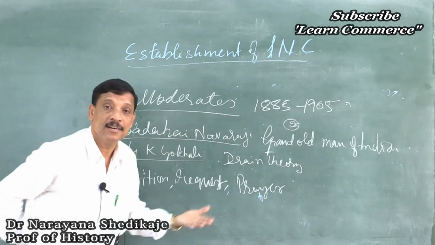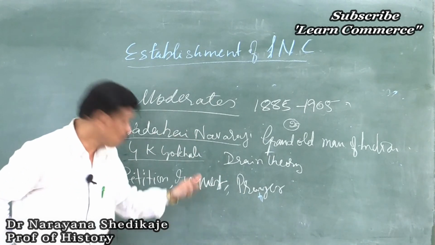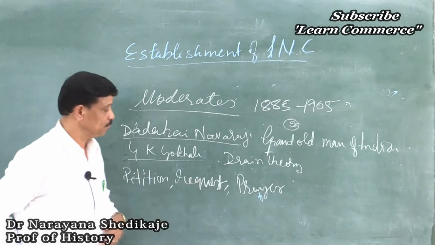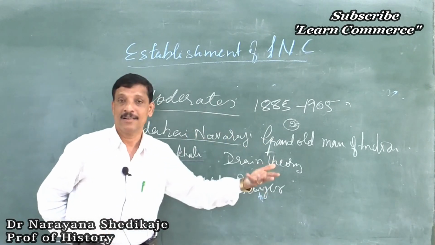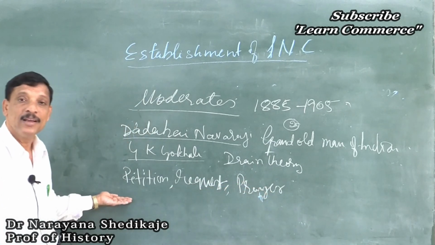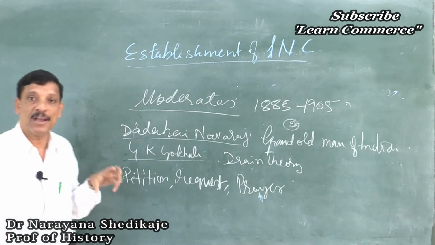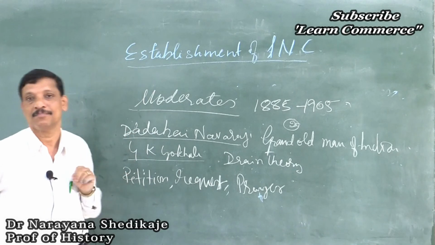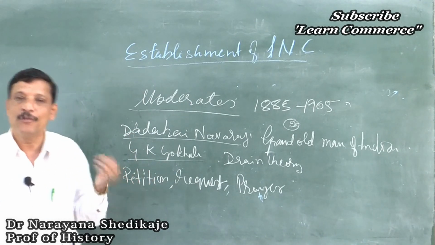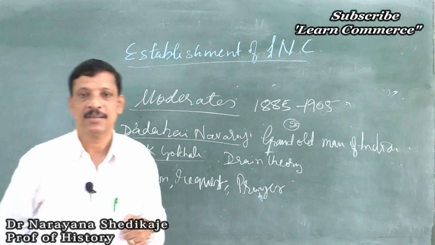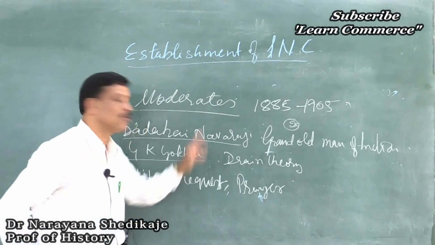They requested, please provide these things. That is the request, and prayer. All this methodology was used by the moderates. That's why we call them moderates. They just followed a moderate methodology to fulfill the demands.